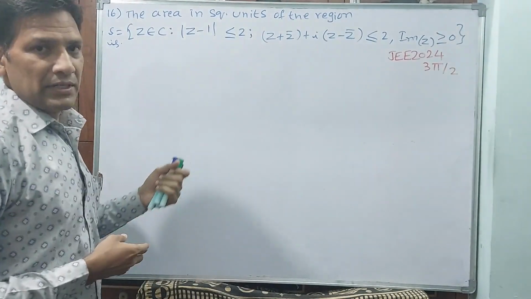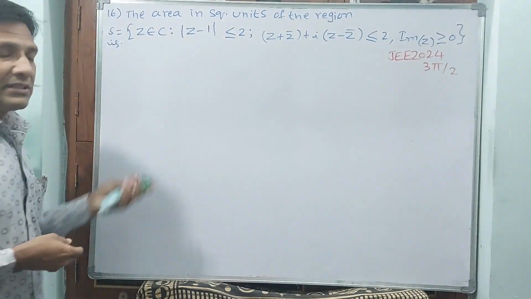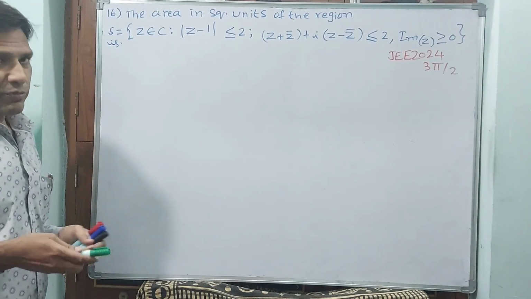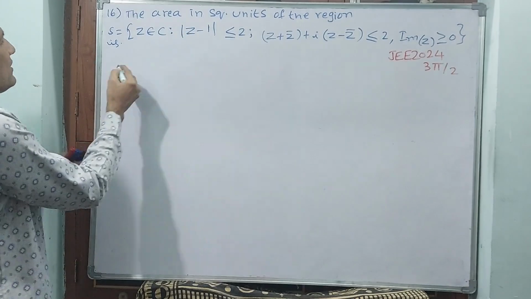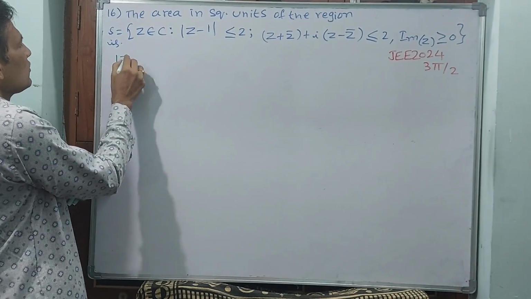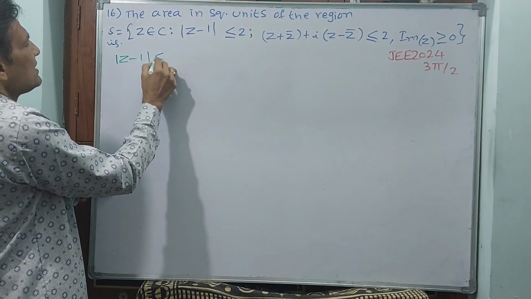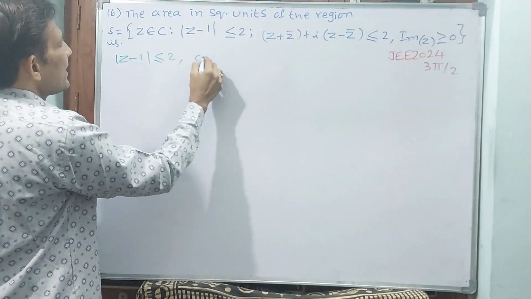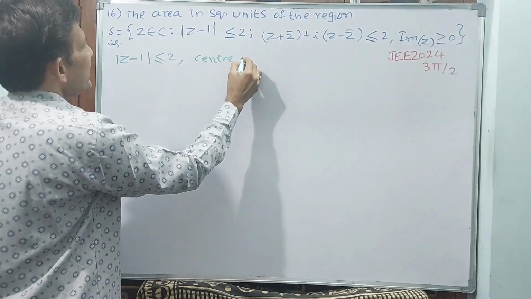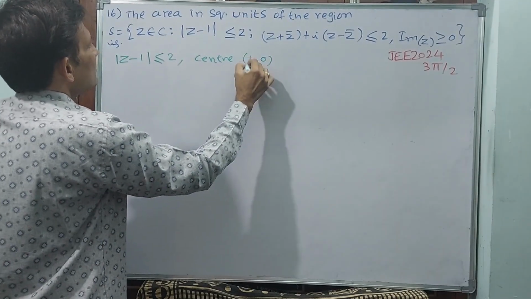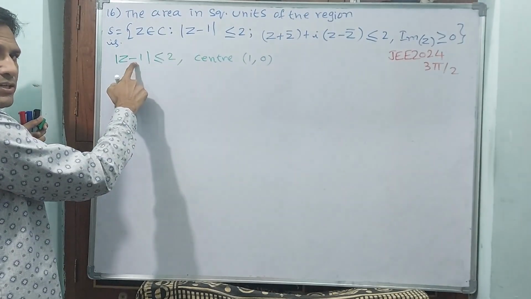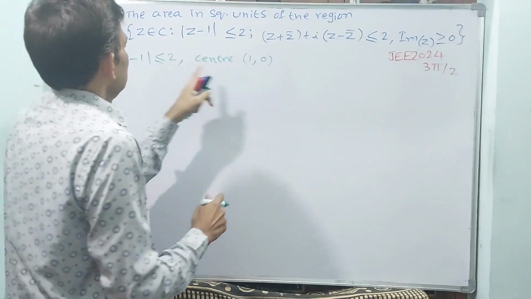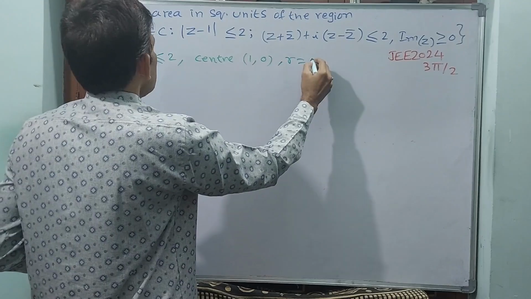This is a good question. Observe carefully. With our earlier questions' knowledge, easily we can do it. Okay? Let us proceed. Now let me write this first one. Circle: modulus of z minus 1 is less than or equal to 2 means the center I will take as (1, 0), since z minus 1 means z minus (1 plus 0i), and the radius R is equal to 2.